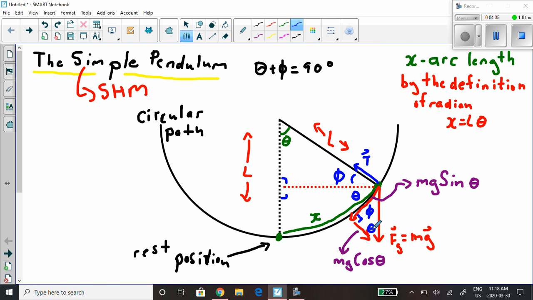All right. Now, that means through trig relations, I can say that this side right here, a component of the full gravity vector, is opposite to theta. So this side right here will be mg sine theta. This side right here, which is adjacent to theta, I can call mg cos theta.